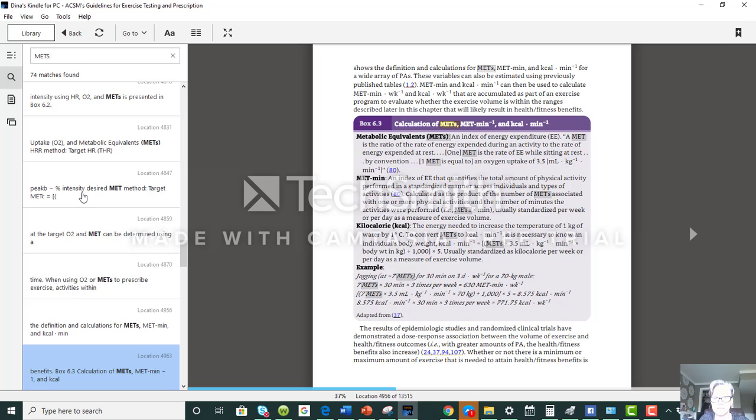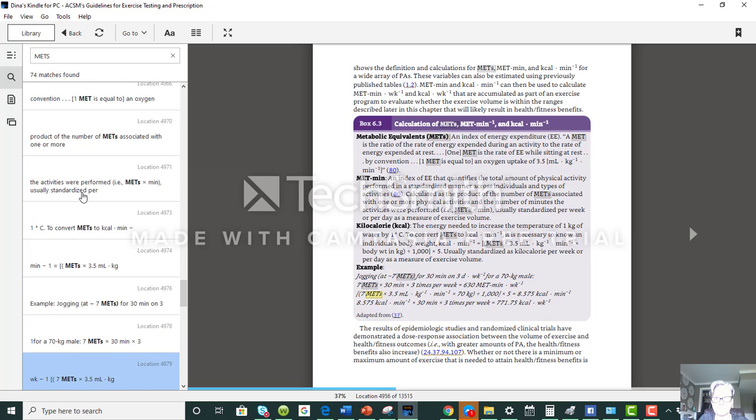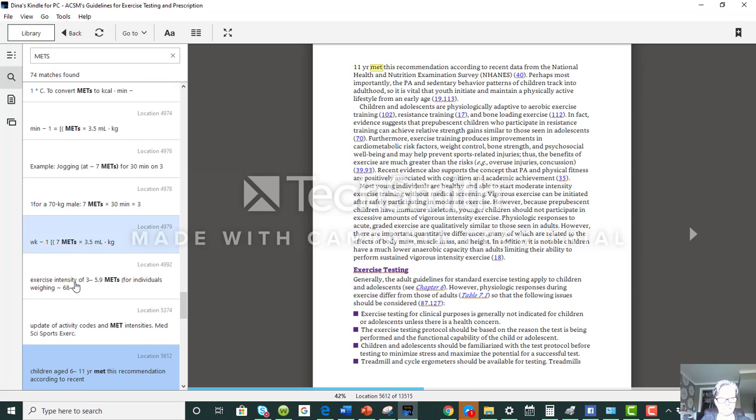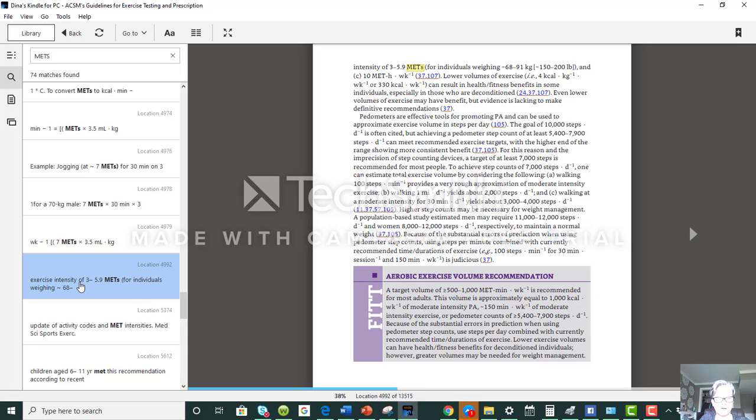Calculation of MET. MET is the ratio of the rate of energy expended during an activity to the rate of energy expended at rest. 1 MET is the rate of energy expenditure while sitting at rest. That's not telling me what I want to know.